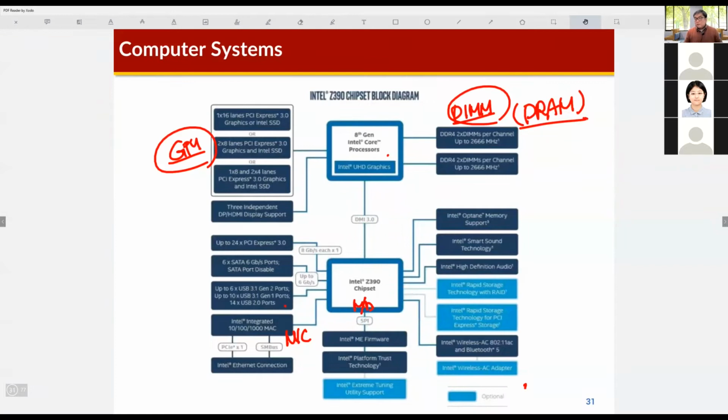Also, this is another level of abstraction, showing how the computer system is organized between various components. So this is the processor and the peripherals: GPU, DRAM, and the South Bridge chip or mainboard chips.